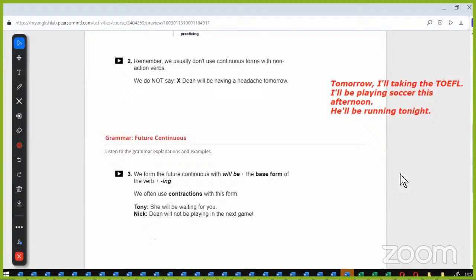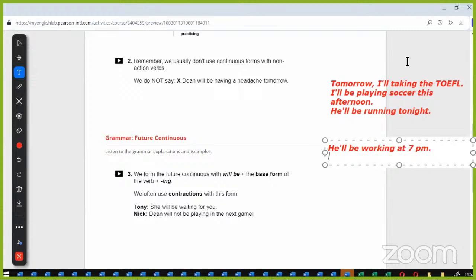Also, we use will be plus the base form of the word plus ing. We often use contractions here, I'll be, with the contraction, right? Like he'll be working at 7 p.m.